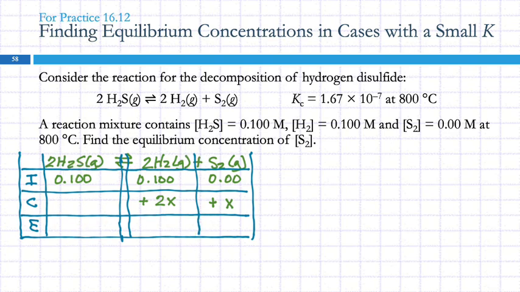So this will be negative. And again, we're going to use the coefficient. We're using the stoichiometry. Minus 2x. So now we'll take our I and our C and add them together to get E. 0.100 minus 2x. 0.100 plus 2x. And just x, because 0 plus x is x.